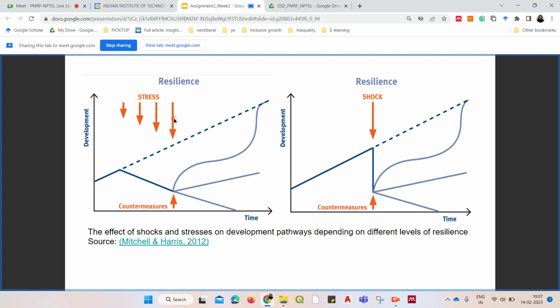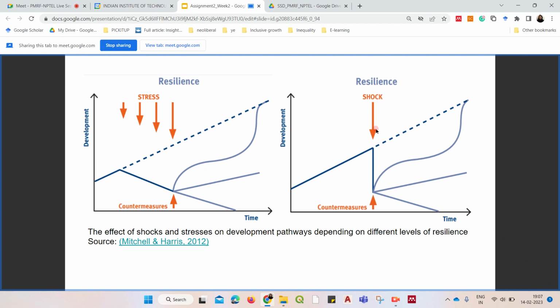They are gradual stresses which affect the development of a city. So if this is the development trajectory of the city, the trajectory will be affected slowly over time due to that stress. Or then there can be an example of shock.